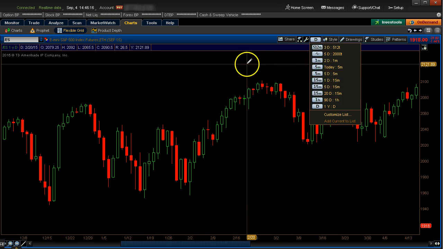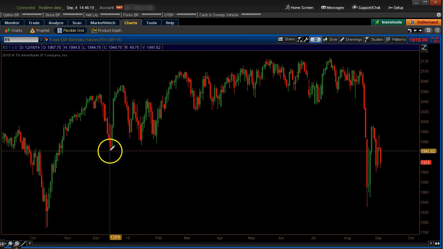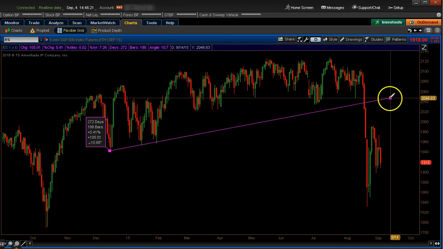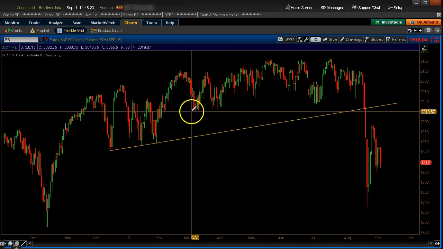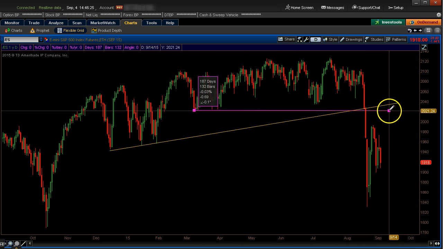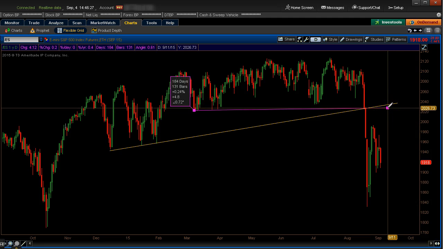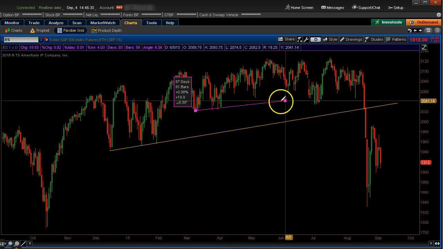Now, support can also be done on a slant. It doesn't have to be horizontal, it could be slanted, right?